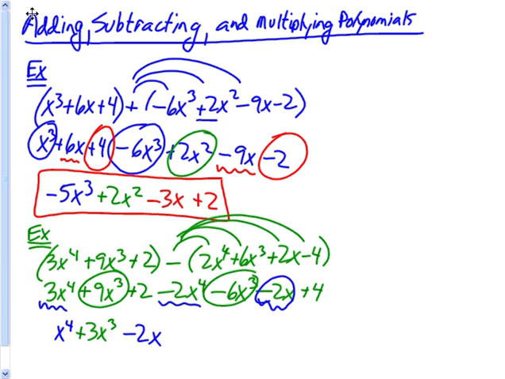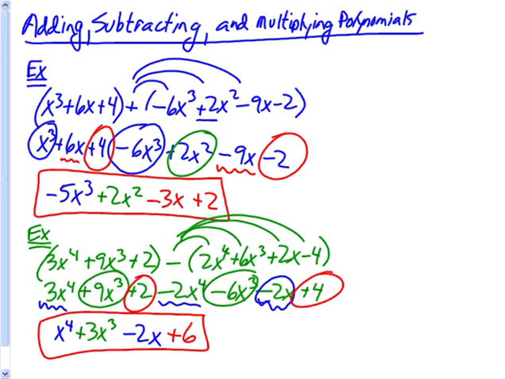And then we do have a constant, looks like plus 2, plus 4, so plus 6 on the end. So there it is, x to the 4th plus 3x cubed minus 2x plus 6. Okay, so there you go. There's adding and subtracting polynomials horizontally, and that's how we're going to approach each of these, is to do so horizontally.